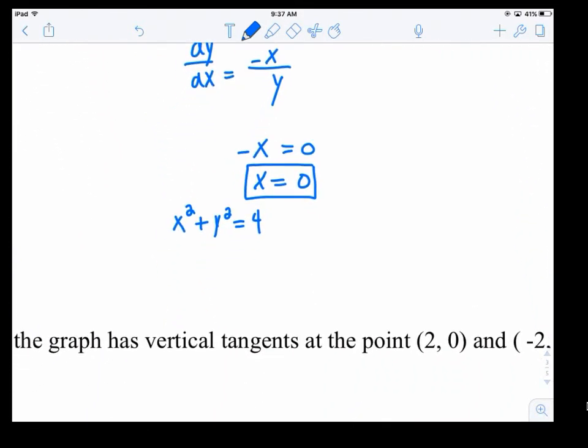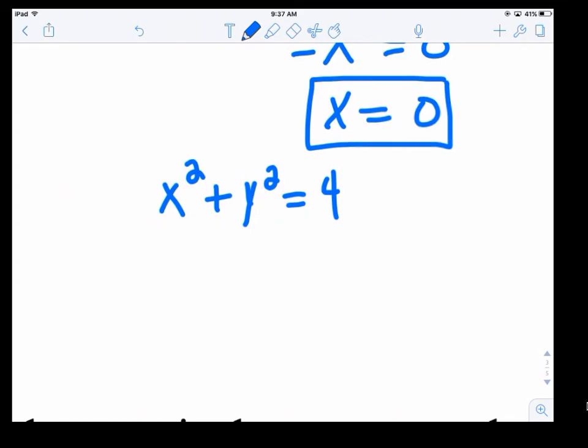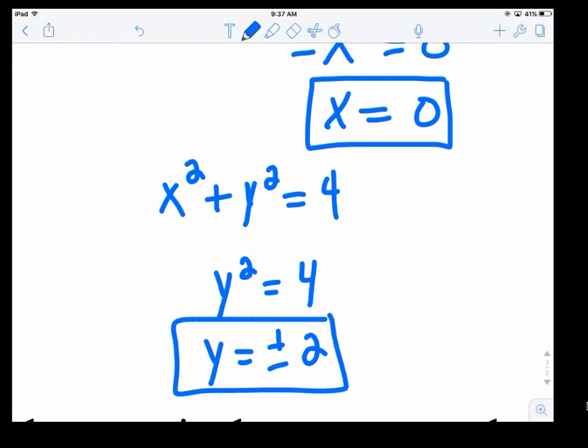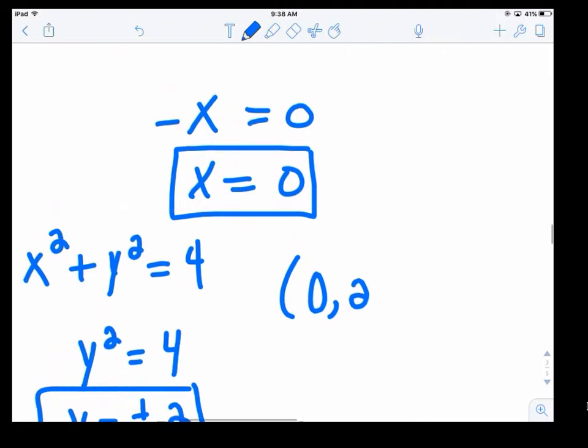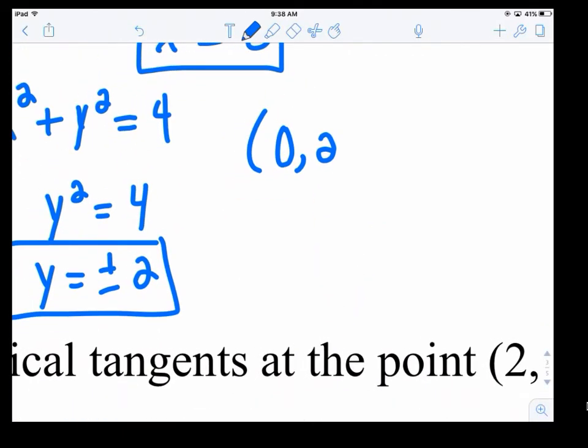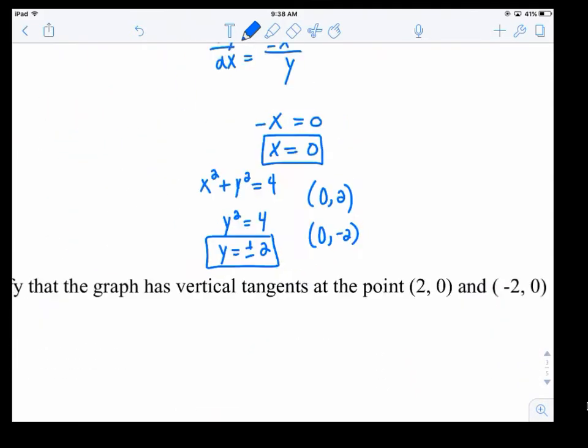Okay, so if we found that x was 0, we can just substitute that in. So we get y squared equals 4, so y would have to be plus or minus 2. All right, so your 2 points are (0, 2) and then (0, negative 2).